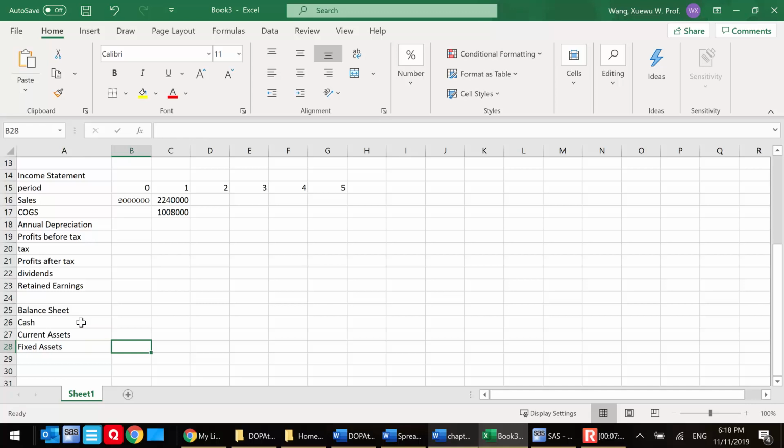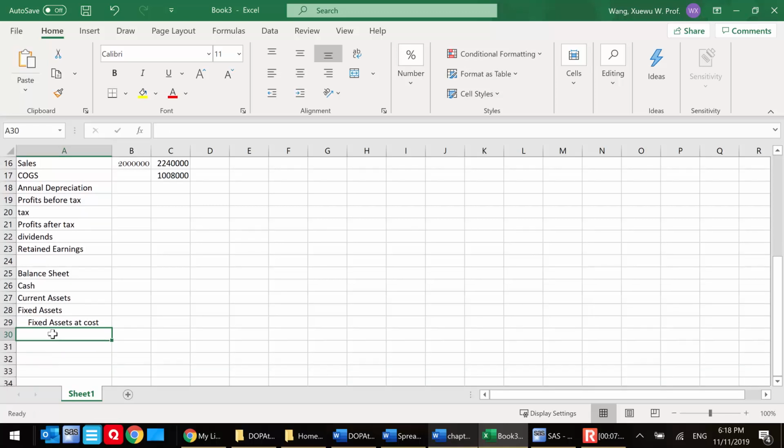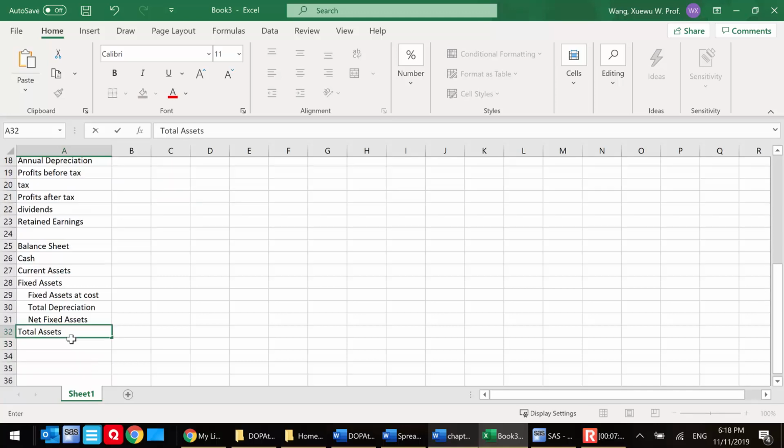We know there are three elements on the fixed assets: the fixed assets at cost, which is the total fixed assets, and then the total depreciation. And then you have the net fixed assets. So that is the asset side. Now we can look up the total assets.